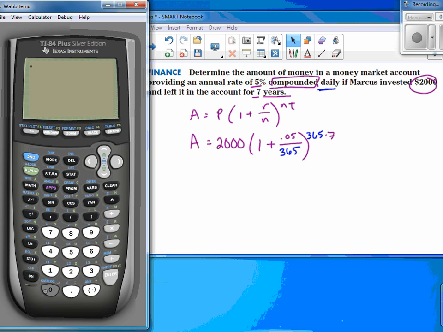So 0.05 divided by 365, plus 1, raised to the 365 times 7 power, times 2,000, $2,838.07.